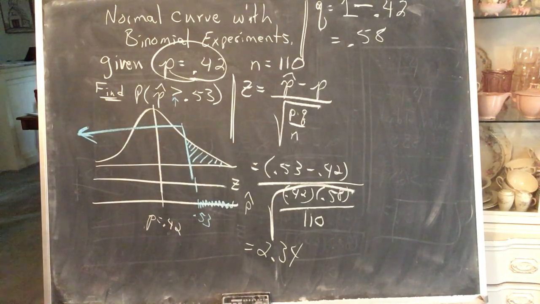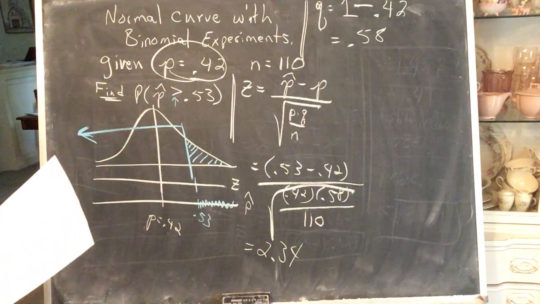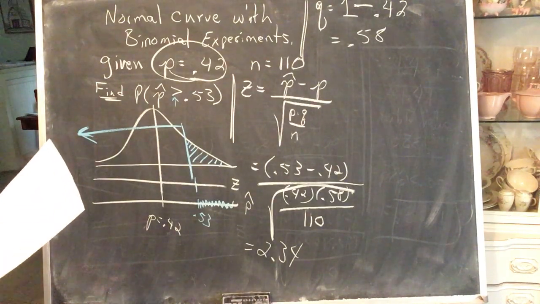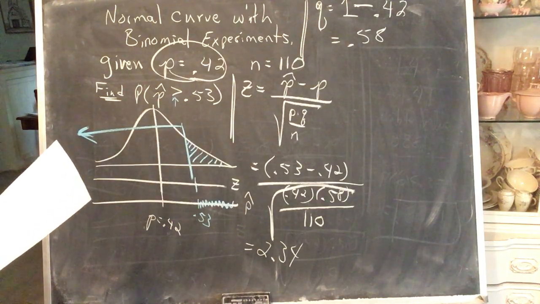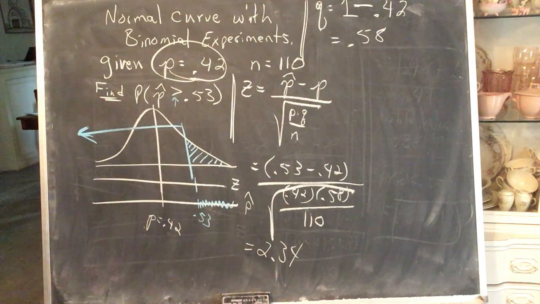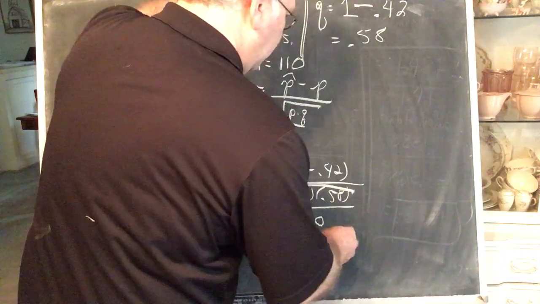All right. Table value for 2.34: I have 2.3, and since this table is expertly designed, I can go from the bottom up. 2.34 is 0.9904.